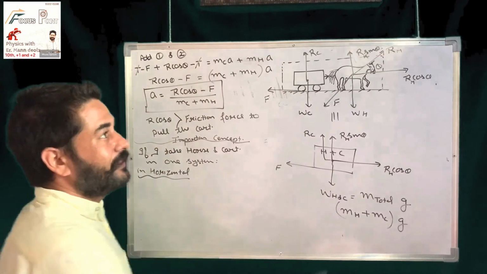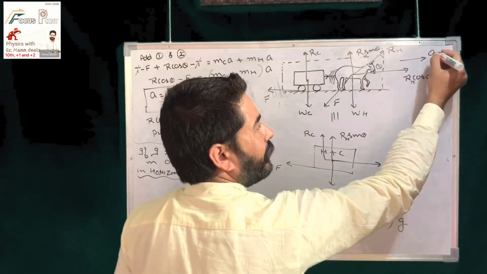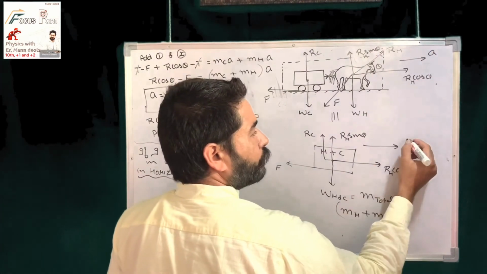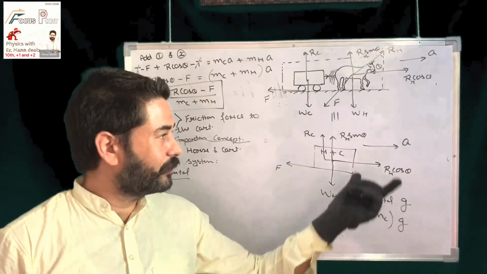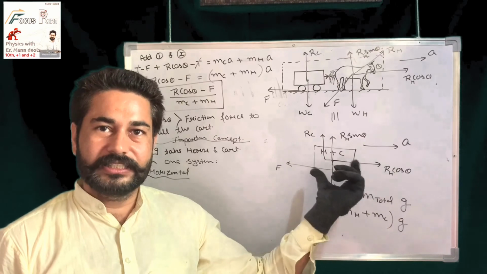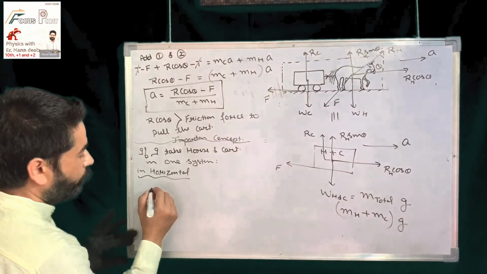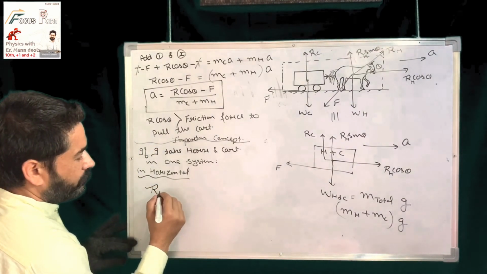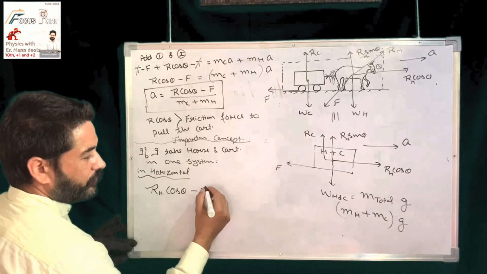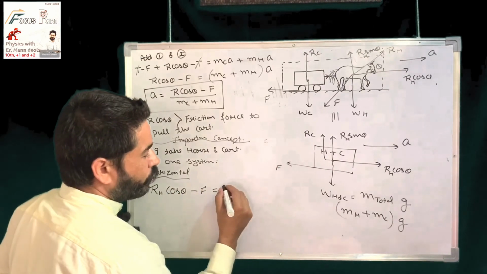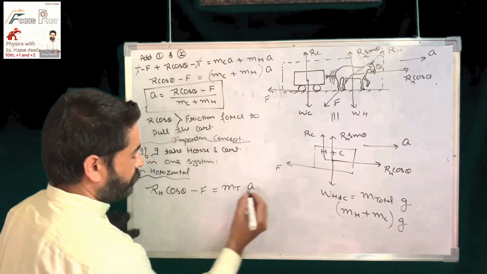Now as this system is moving with the acceleration a, F net in horizontal direction will be equal to total mass of the system into acceleration. So it would be R cos theta minus friction force equal to total mass into acceleration.